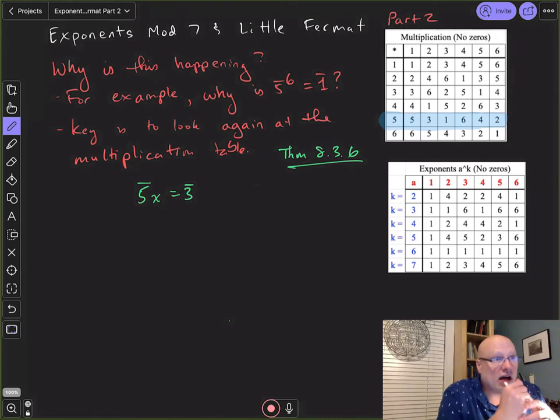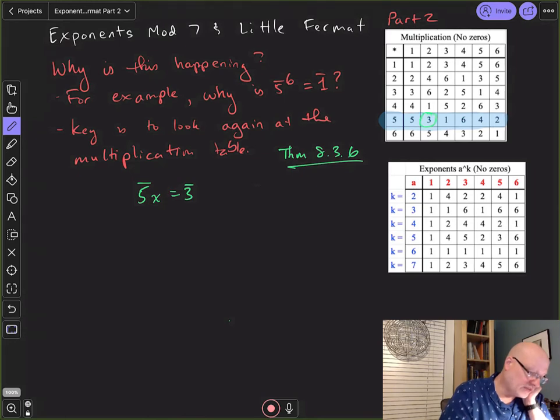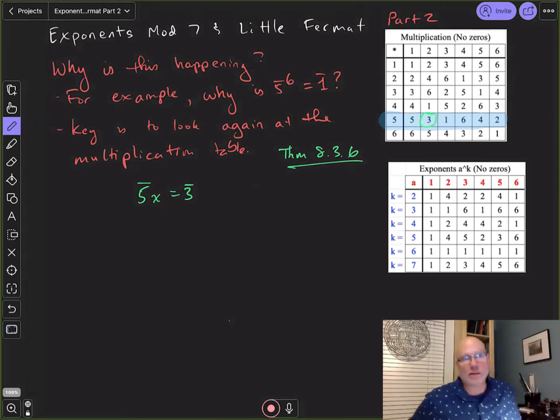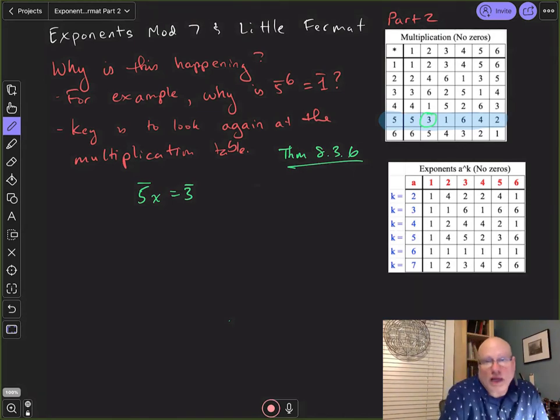And in fact, what do we get? We notice that happens up here when we're looking at 5 times 2 in the table. So that's the unique answer. Notice there's no other point in that row where we see a 3, so I'm not going to be multiplying by anything else. There's only the one value.